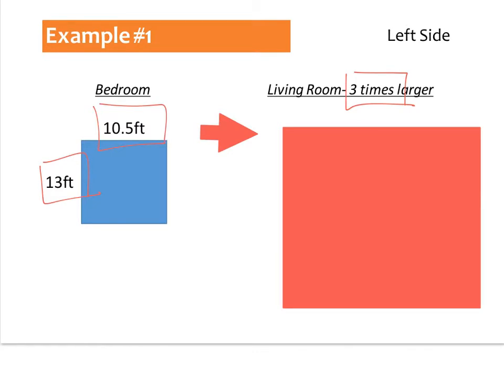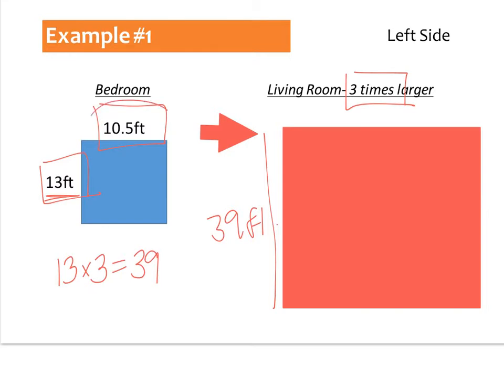So the first one I'm going to multiply is 13 times 3. And that gives me 39. So that means that this side right here is going to be 39 feet, because all I did was take the length here and multiply it times 3. I'm going to have to do the same thing for the number right here on the top. So that number is 10.5.